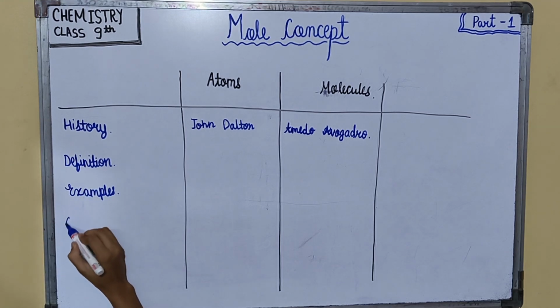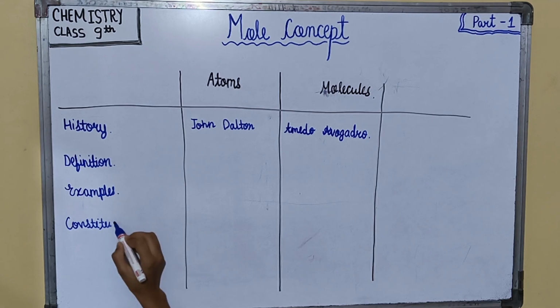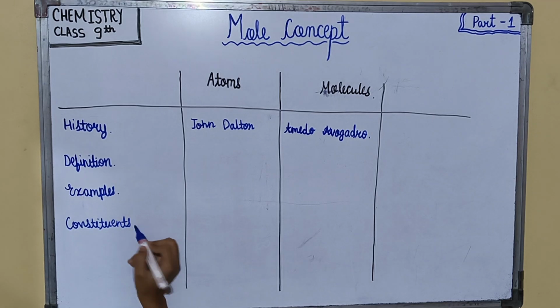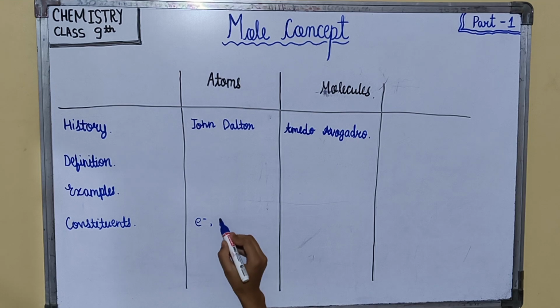Constituents. Atoms are made up of many subatomic particles, the most important of them being electrons, protons and neutrons. And molecules are made up of atoms.